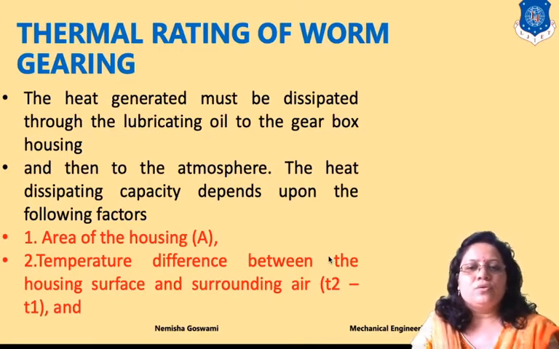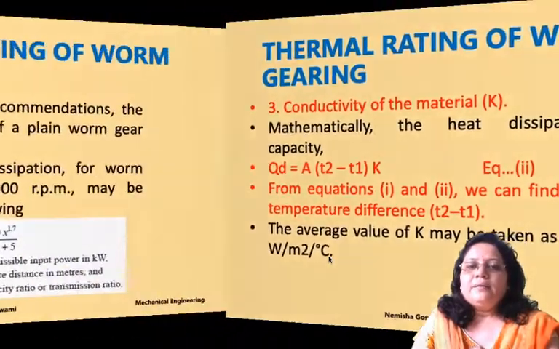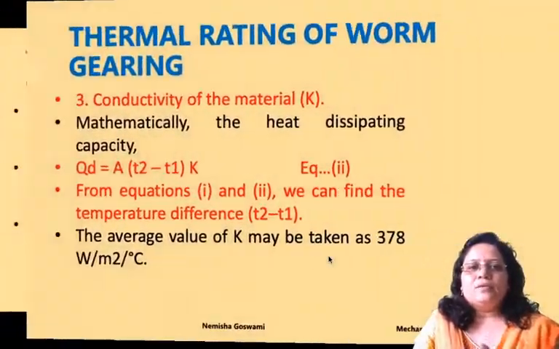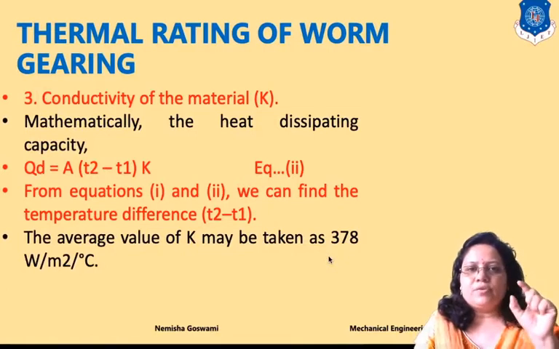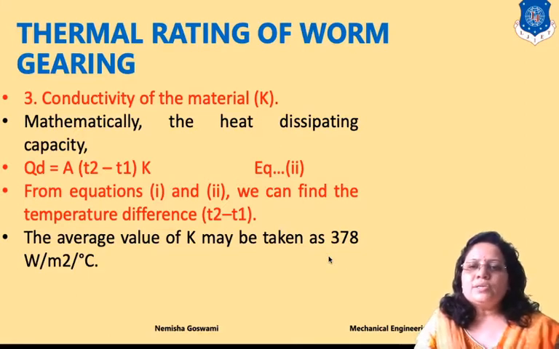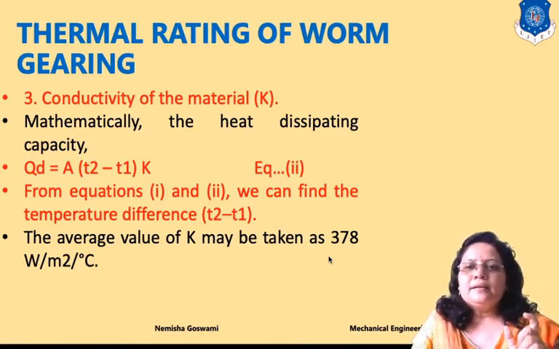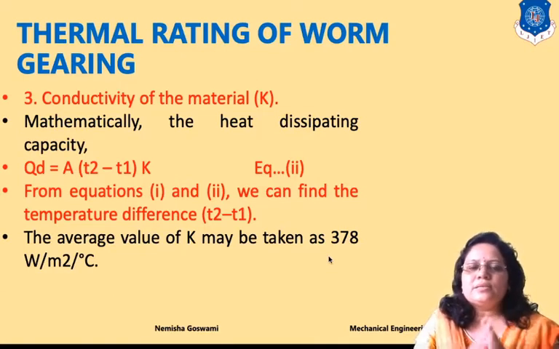And third is the conductivity of the material, denoted by K. So what is the mathematical formula when there is a temperature difference? The heat dissipated is Q equal to A into (T2 minus T1) into K, that is, the temperature difference multiplied by the area multiplied by K. This is the standard heat dissipation equation.